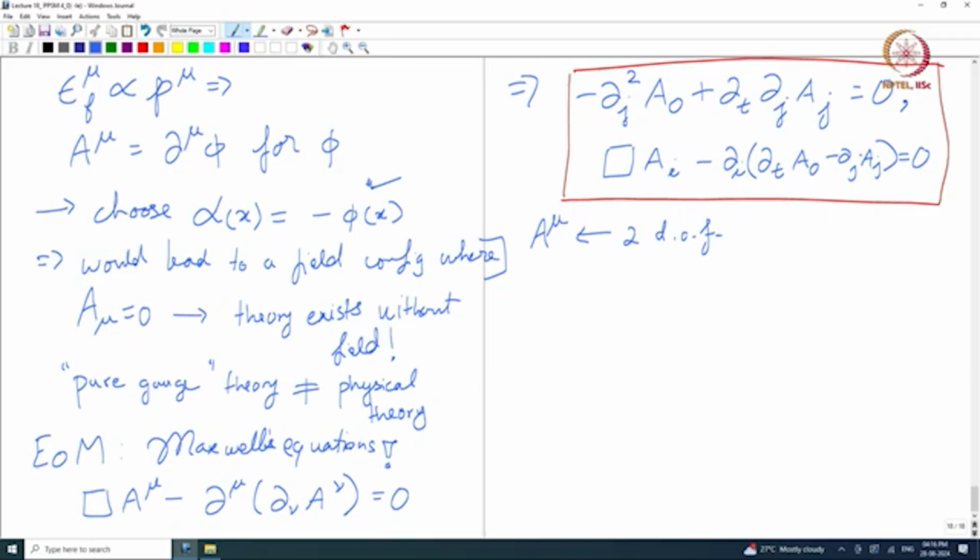Well, the first thing you want to do is to still eliminate 1 degree of freedom with the Lorentz condition, the Lorentz gauge condition.